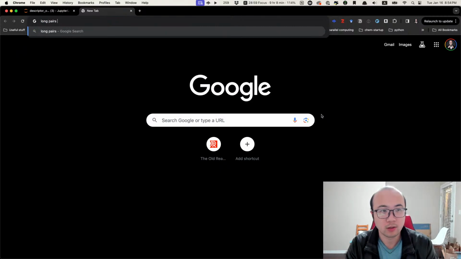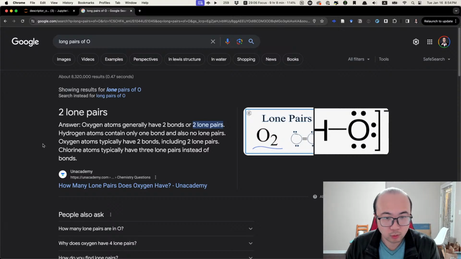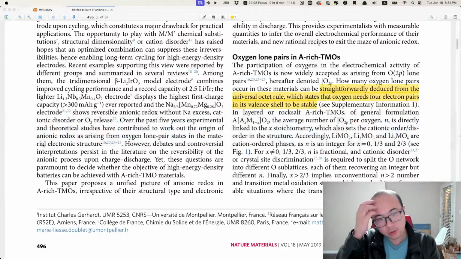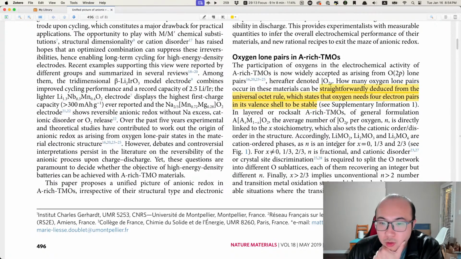Lone pairs of oxygen: two bonds and two lone pairs. In the layered general formula, the average number of these per oxygen is directly linked to the x stoichiometry, which also says the cationic vacancy.